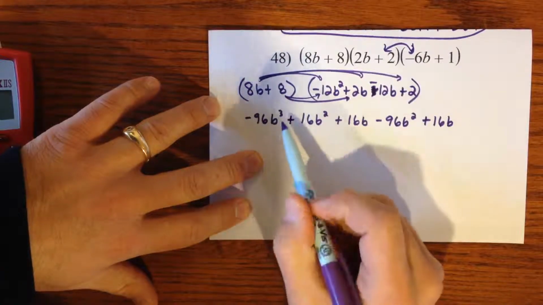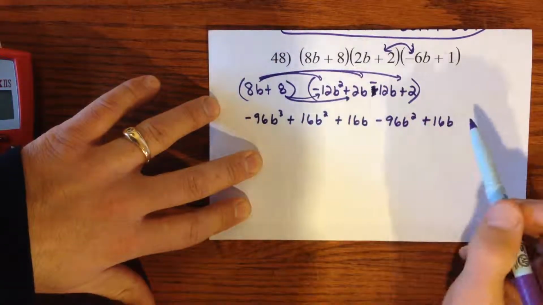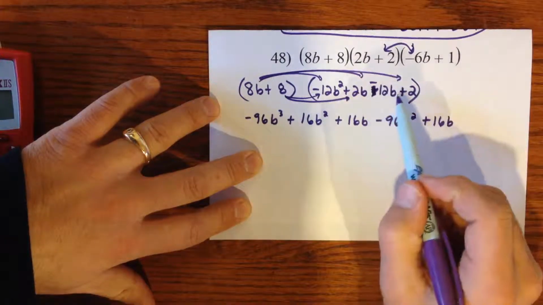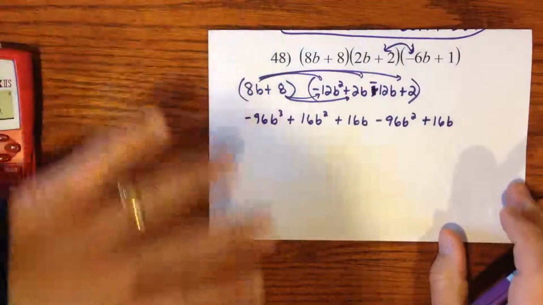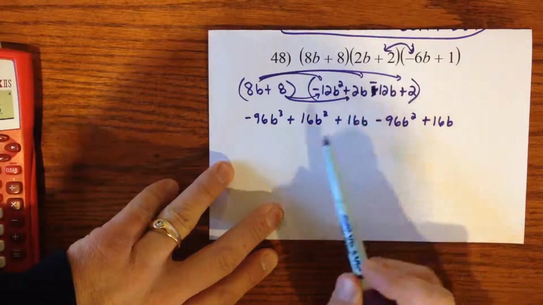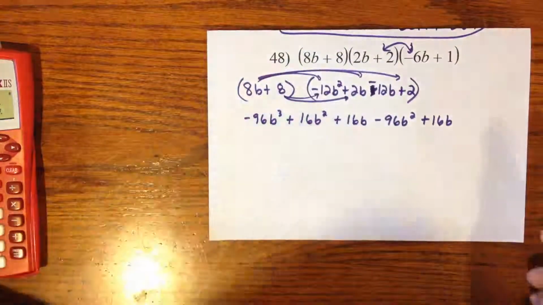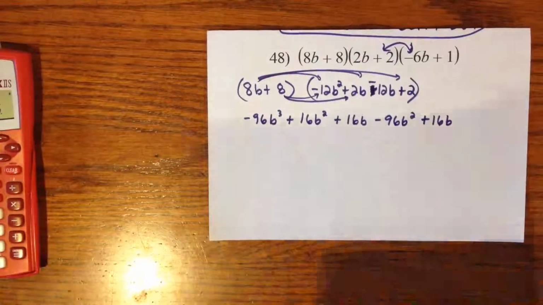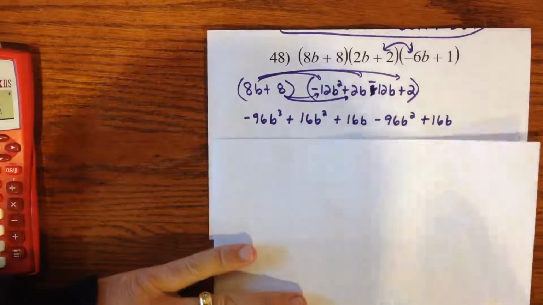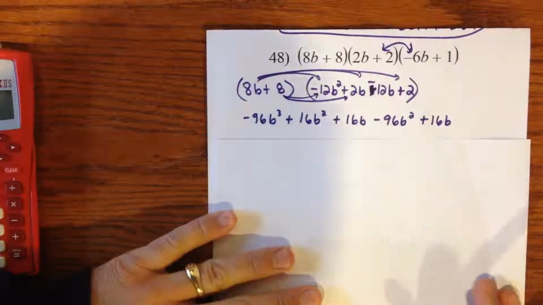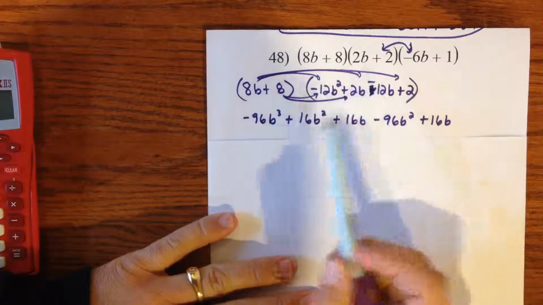Oh, I'm making more work for myself, aren't I? What did I do wrong? I forgot to simplify this. Alright, got way ahead of myself. So if you notice, I'll suck up my pride here and tell you that I did make a mistake.